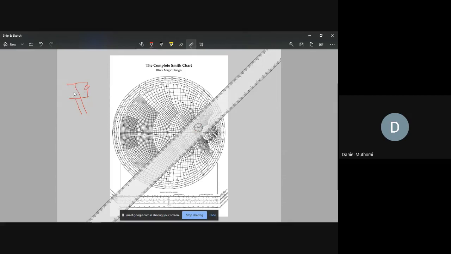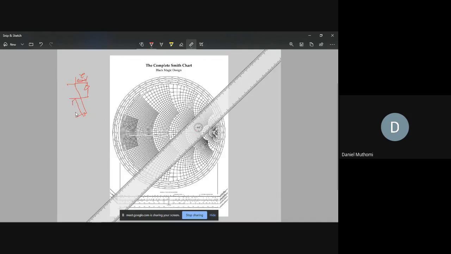So since we are now introducing this stub with its own load here, when using the Smith chart, we basically want to find out this distance here. We can call it L1. We want to find this distance, the distance from the load to where your stub will be.